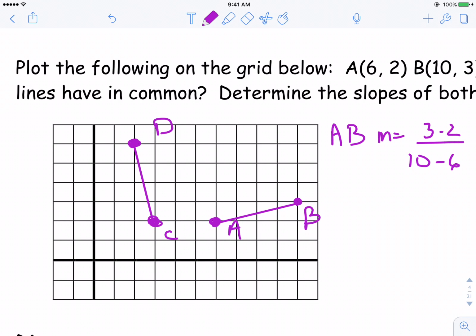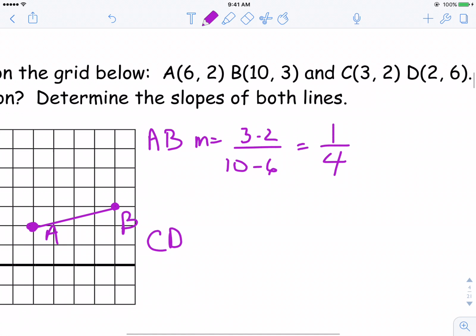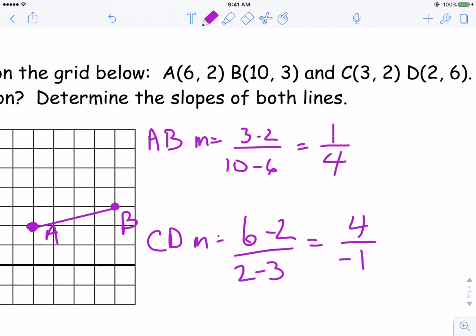This line segment here, CD, slope is equal to 6 minus 2 over 2 minus 3, which is equal to 4 over negative 1, or just negative 4. But I'm going to erase that negative 4 just so we can have a better look at this a little bit right now.